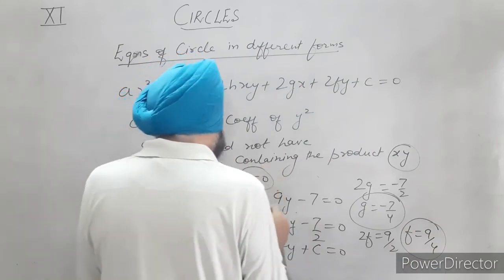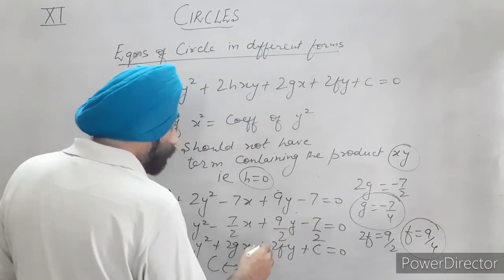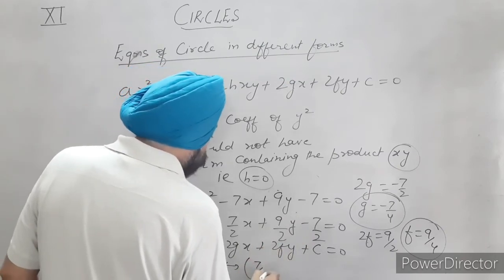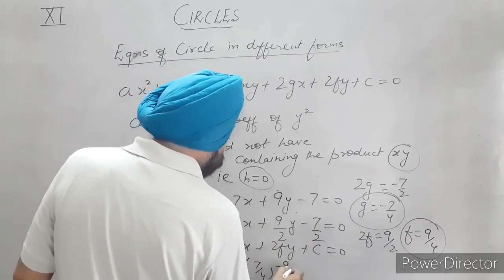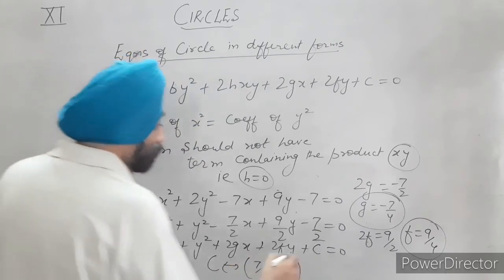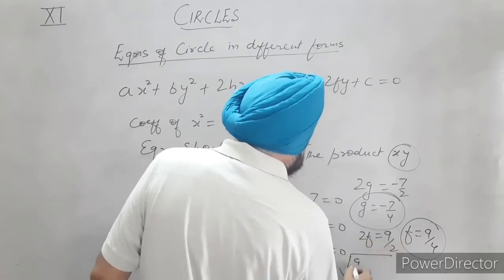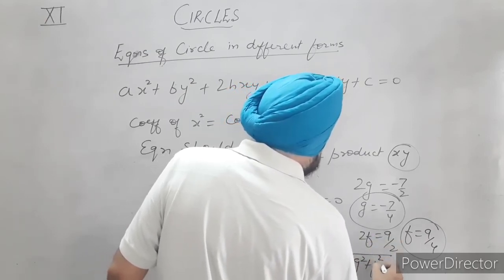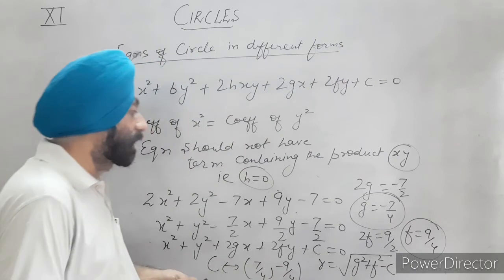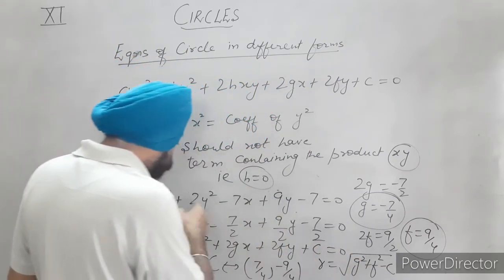So the center of this circle becomes minus g comma minus f, that is 7 by 4 comma minus 9 by 4. I can calculate the radius also by using the formula radius equals to under root of g square plus f square minus c.